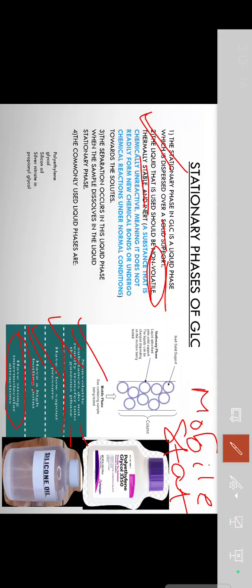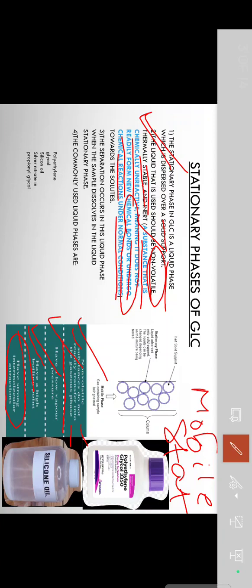And here, inert means a substance that is chemically unreactive, meaning it does not readily form new chemical bonds or undergo chemical reactions under normal conditions.